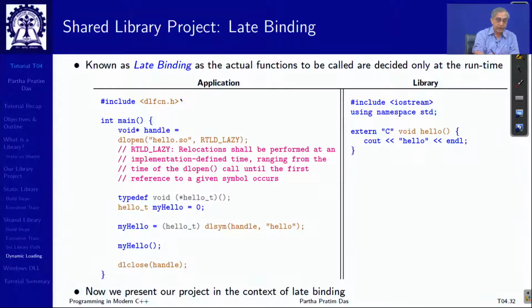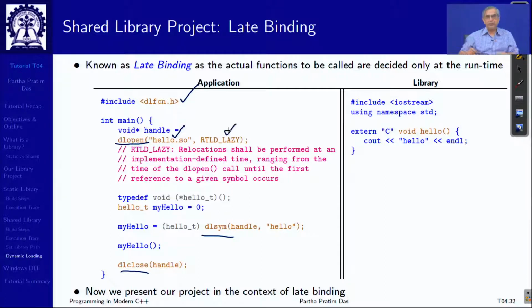So, you use a header, dynamic library function DLFCN, which has some library functions like dlopen, dlsym, dlclose. So, you pass the name of the shared library to dlopen.